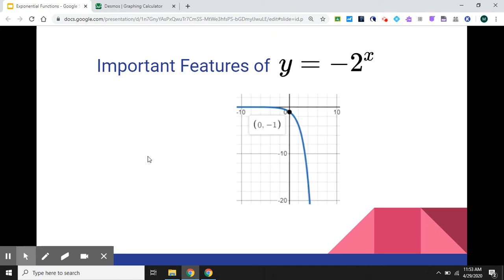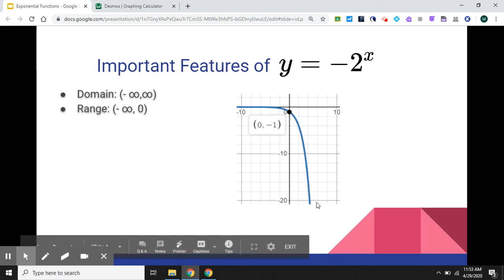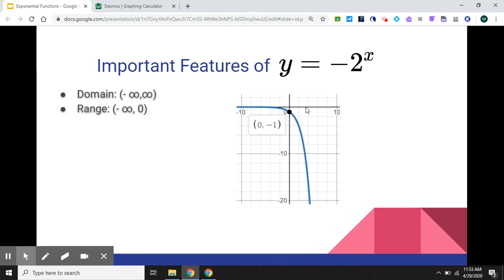Alrighty, so we can also reflect both of our functions. When we reflect our functions, it does change our y-intercept and our range a little bit. Domain, though, as you look from left to right, is still negative infinity to infinity, all those x values. Now our range, as we look from bottom to top, we start here at negative infinity, and we get really, really close to 0, but we never ever touch it, which is why there's a parenthesis there.